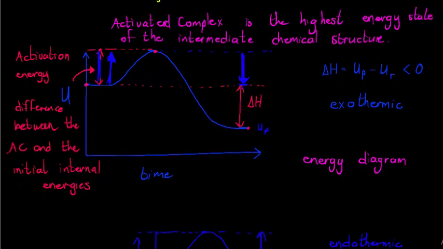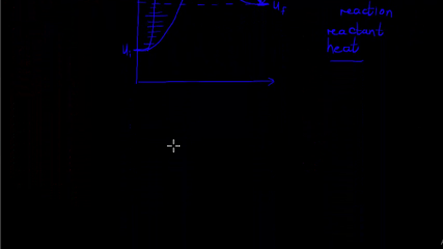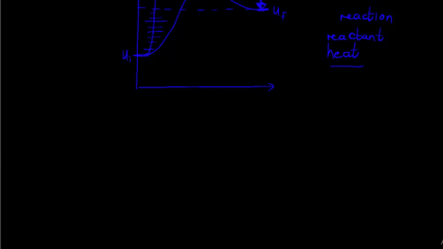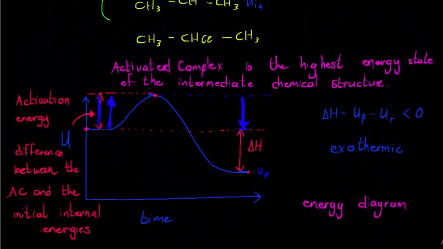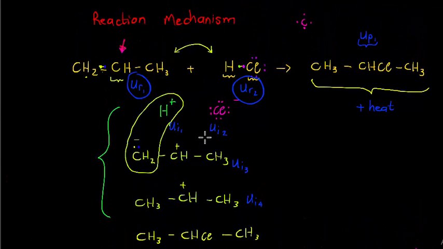The final thing I want to say, and I'm sorry that makes this video quite long, is what effect a catalyst will have, and we'll look more at that in a later video. What a catalyst does is make the intermediate compounds that form have a lower potential energy.